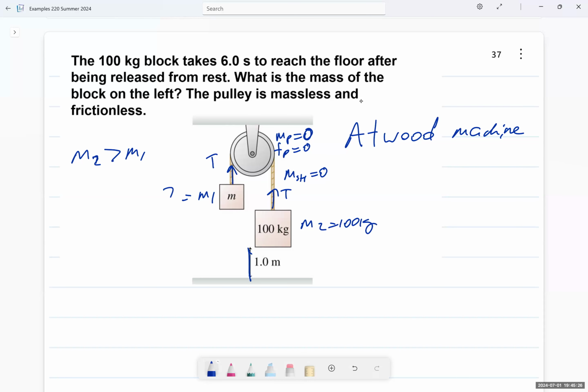M1, which is the unknown mass, is going to start accelerating up. Both are going to move 1 meter because that's the distance to the ground. And what we're told here is that the 100 kilogram block takes exactly 6 seconds to reach the floor when you release them from rest. And our goal here is to find the mass of block 1.